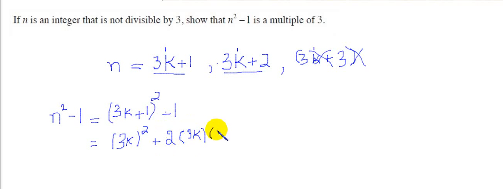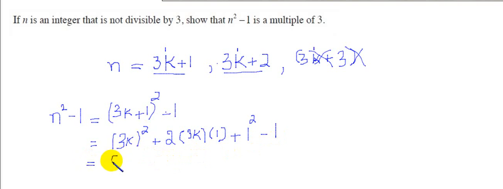By first and second I mean the first term and the second term. The first term is 3k and the second term is 1. Remember this. I'll write the second square at the last, and then minus 1. You will know in the next step why I write the second square at the last.